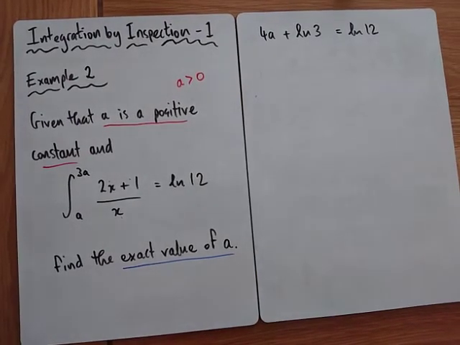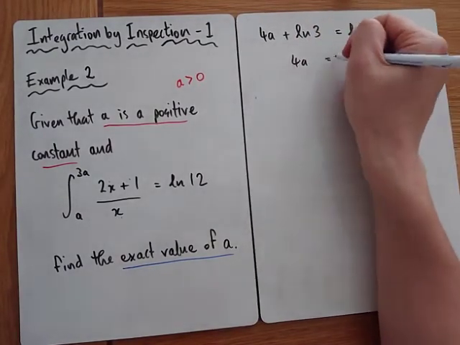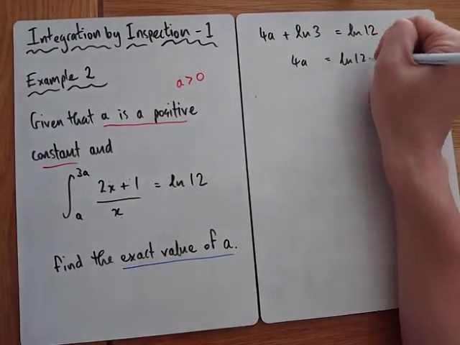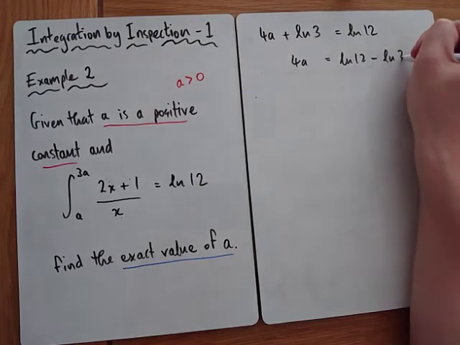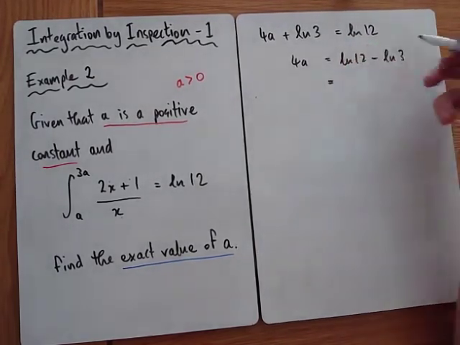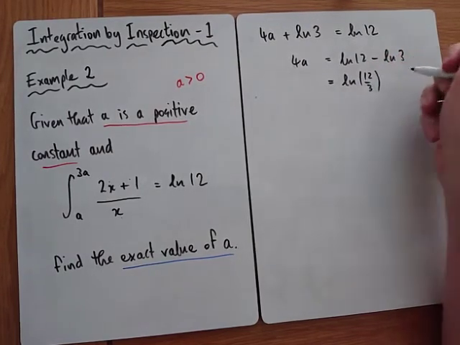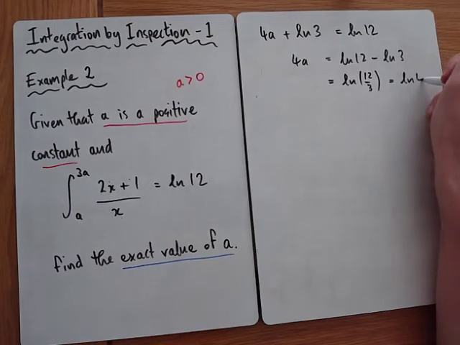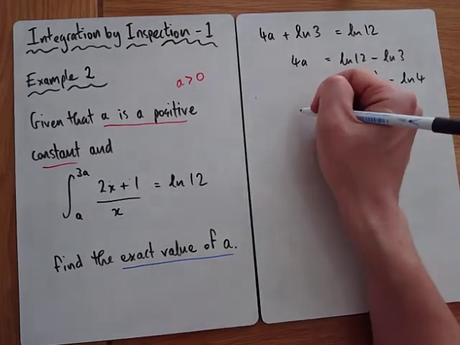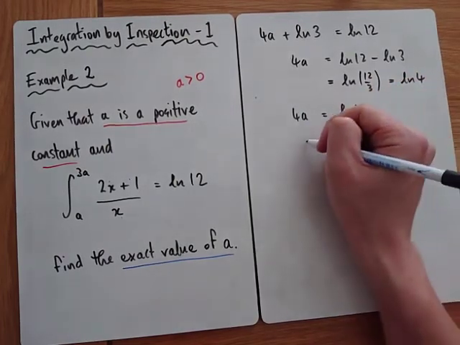So we've got 4a plus ln 3 is equal to ln 12. Subtract ln 3 from both sides, so now we've got a log minus a log, which becomes a divide, which is ln 4. Okay, so 4a equals ln 4.